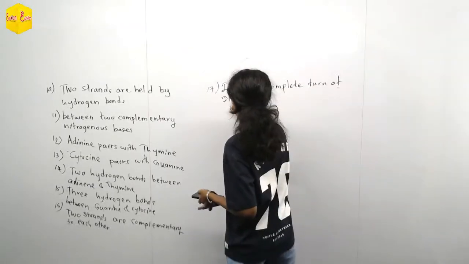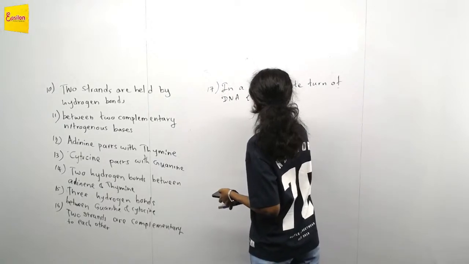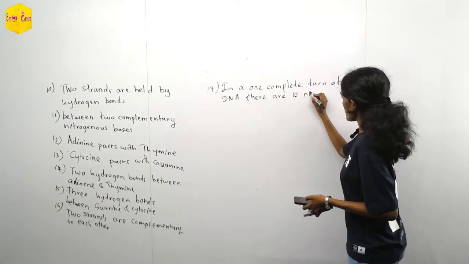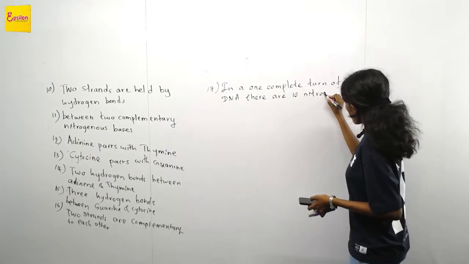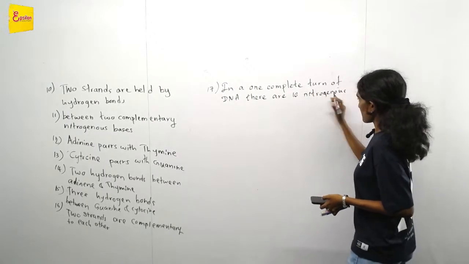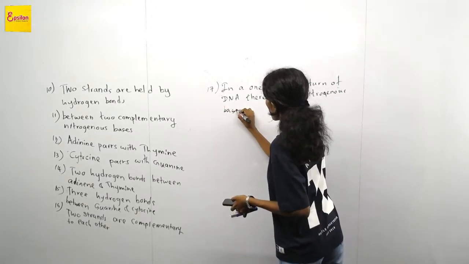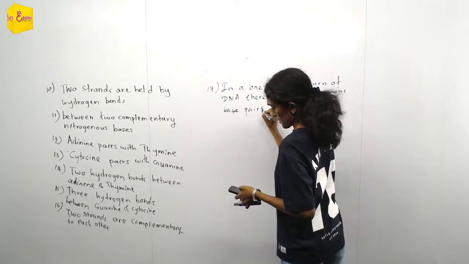Number 17, in one complete turn of DNA, there are 10 nitrogenous base pairs. Correct?